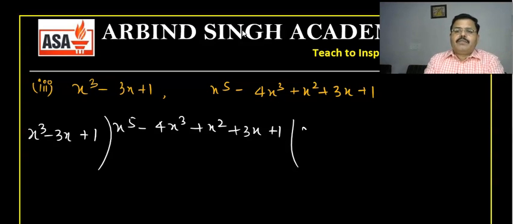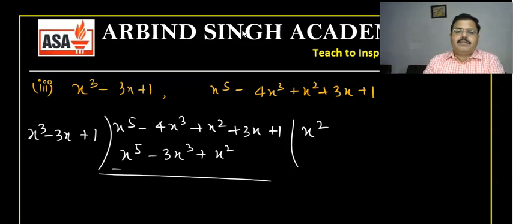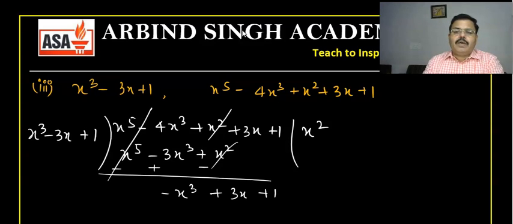So the first term will definitely be x square, so it will be x5 minus 3x cube plus x square. Now if I take the negative sign, that will be plus, it will be minus, so these two cancel. Minus 4x cube plus 3x cube is minus x cube, plus x square minus x square cancel, plus 3x plus 1. Now I should multiply by minus 1.